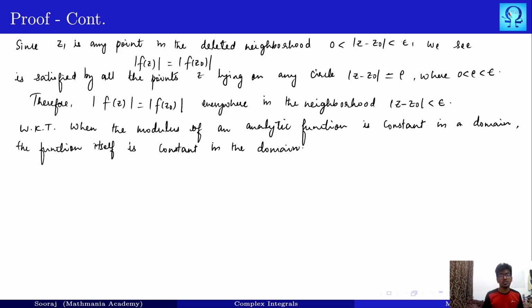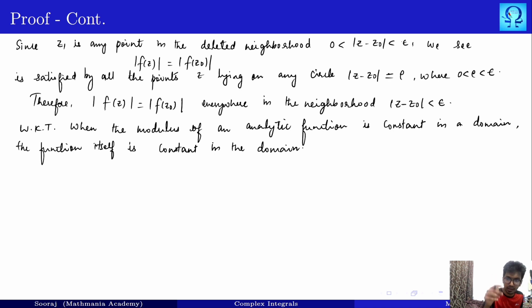So if you just notice the wordings that I have written, I just said that when the modulus of an analytic function is constant in a domain, that may be on any domain, the function itself is constant in that domain. Okay, which means initially you have the flexibility of choosing any domain that you want. Once you have chosen the domain, we are talking about that particular domain.